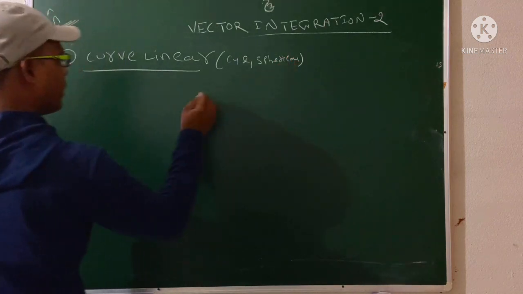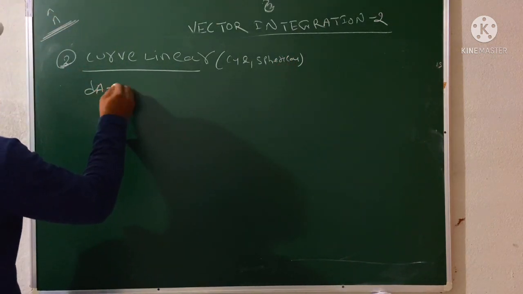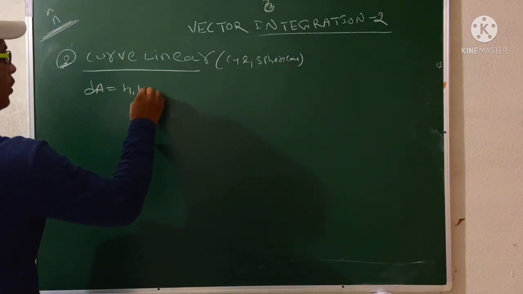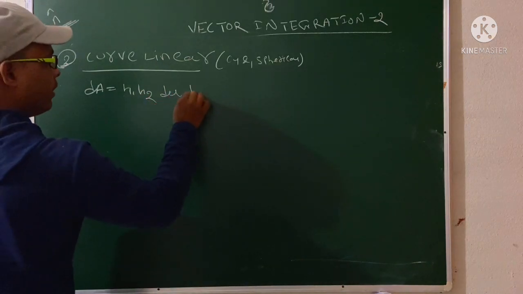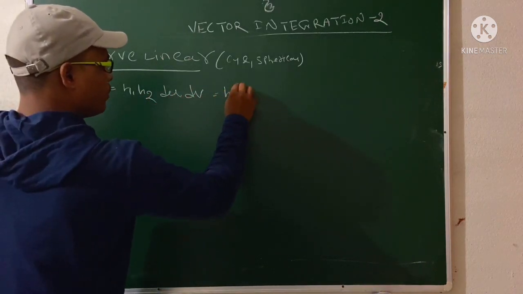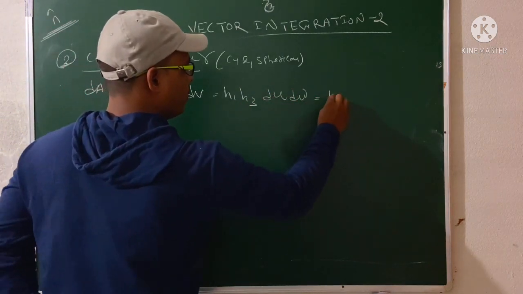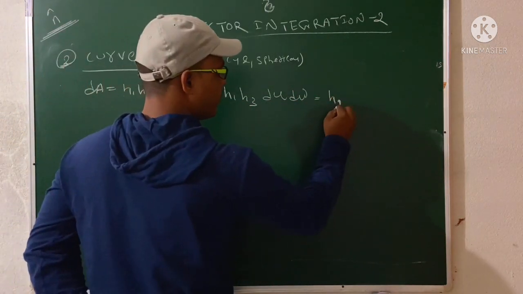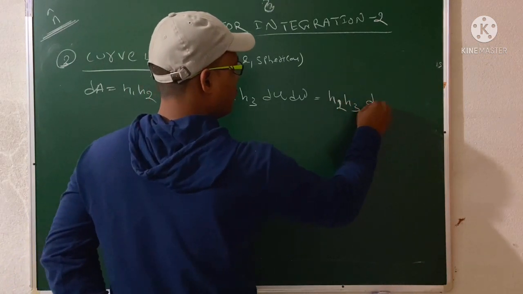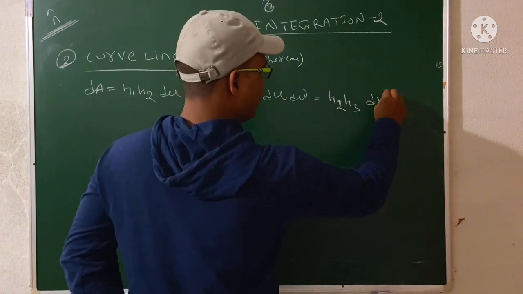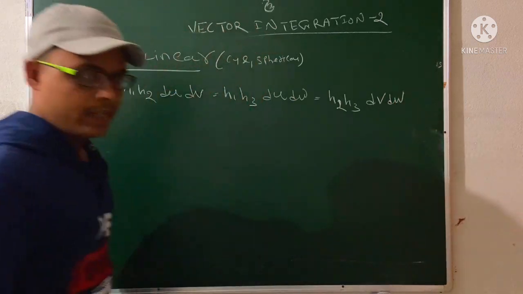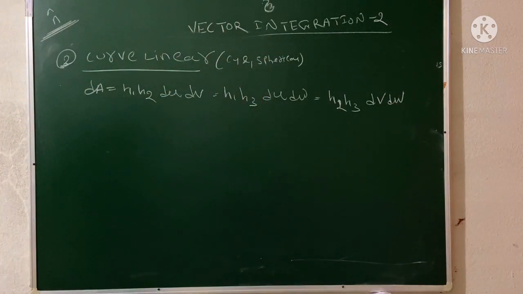For cylindrical and spherical, I already discussed, your dA is nothing but h1 h2 into du dv, or this is h1 h3 into du dw, or this is equal to h2 h3 into dv dw. So these are the area elements for the dA vector.